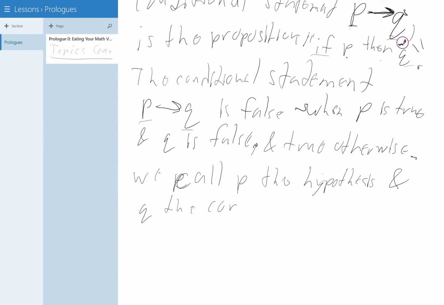Or I guess since math and logic is the basis of everything, maybe they got it from us. Ooh. But anyway, we call P the hypothesis and we call Q the conclusion, right? Because you're saying if this, you're making your hypothesis, then Q, that's the conclusion that results because of the P. The P causes the Q in a sense. That's the way you can kind of think about it.